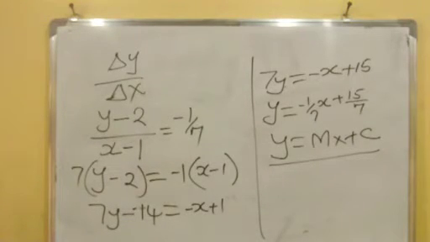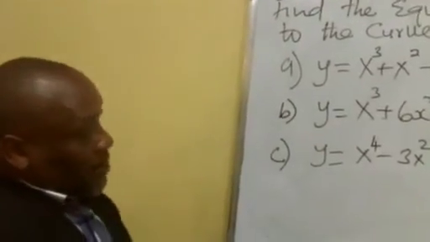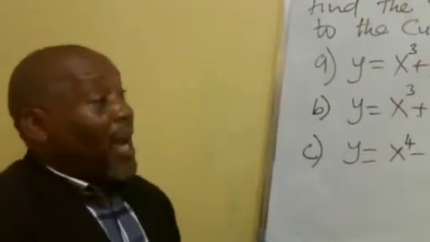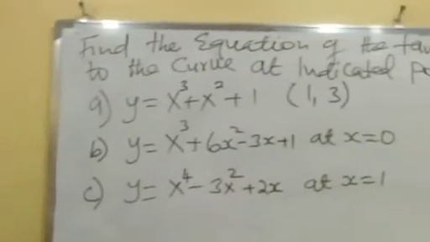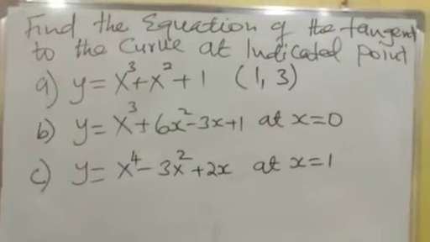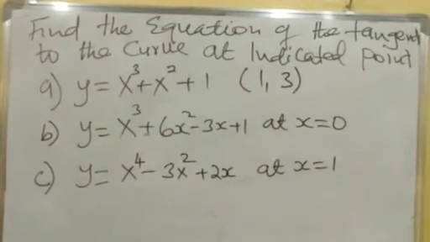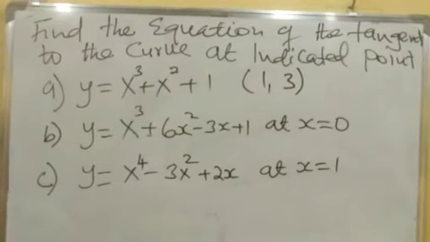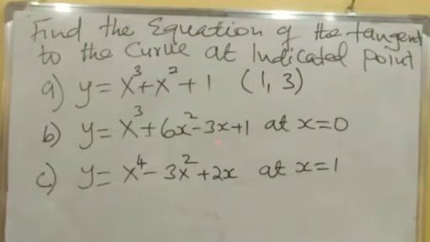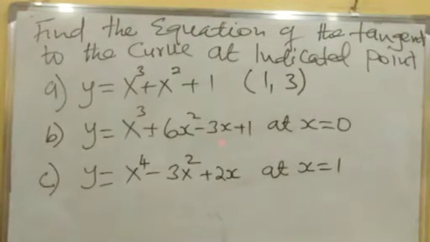Thank you very much. For our assignment today, we have assignment part A, part B, and part C. The requirement is to find the equation of the tangent to the curve at the indicated point.